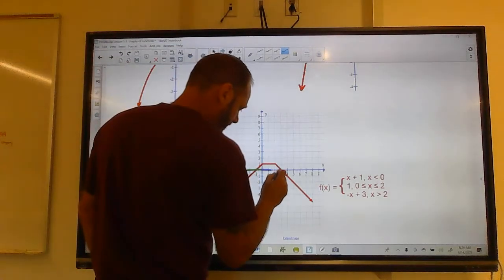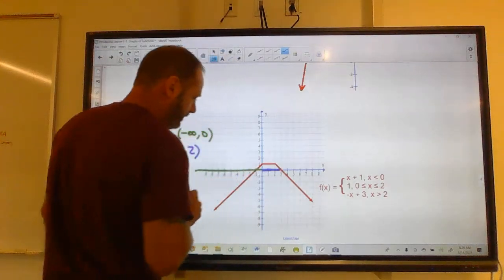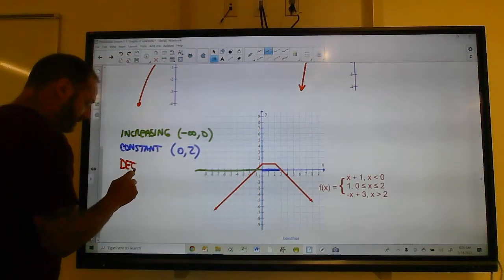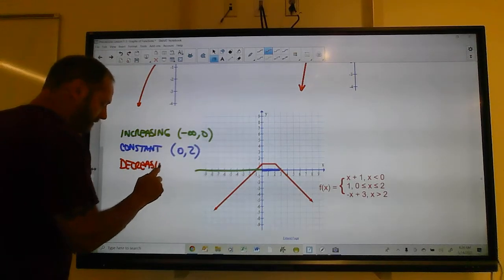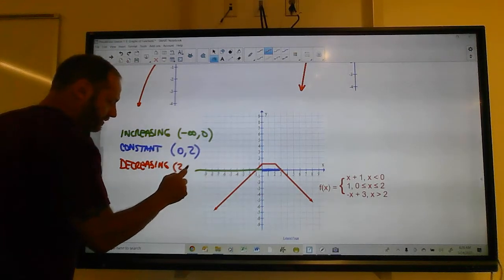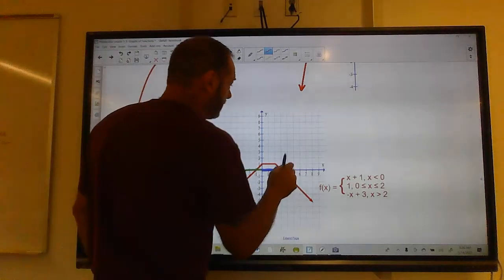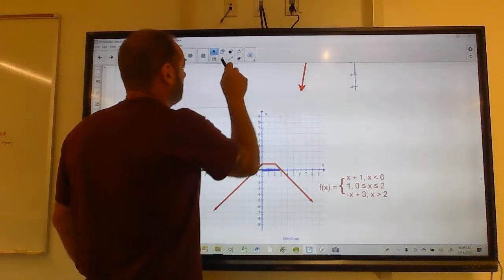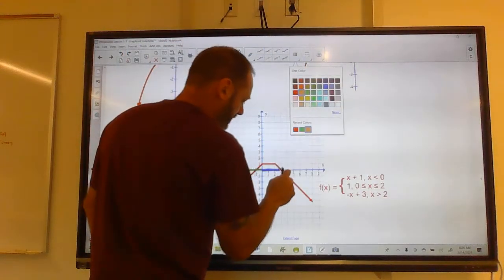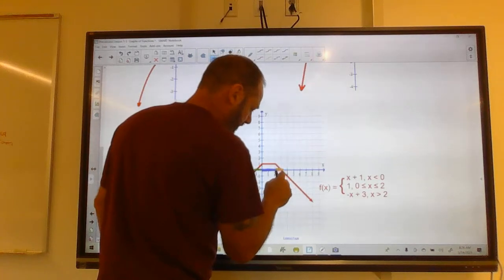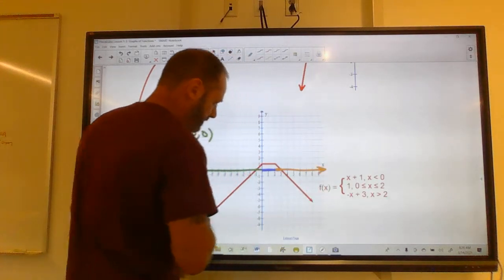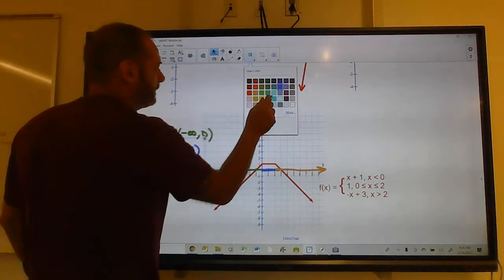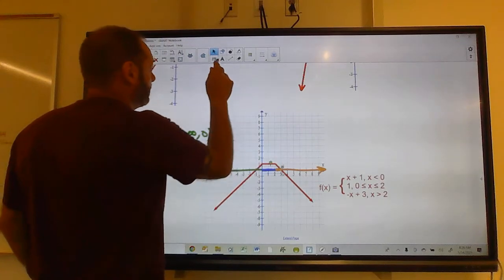It's constant right here. And then it's decreasing from 2 to infinity. So let's do this. It's decreasing, whoops, from here to here. Let's kind of change this up so it stands out just a little bit.